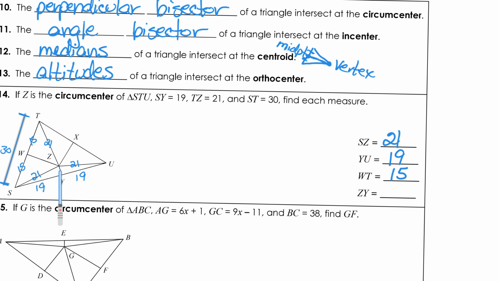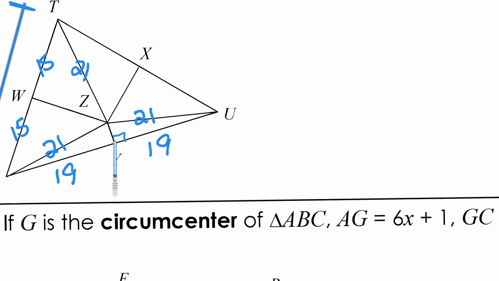Now the length of ZY is going to take a little bit of work. Since we know that this angle is 90 degrees, we have a right triangle here. We need to figure out the length of this leg. We know that this leg is 19 and the hypotenuse is 21.